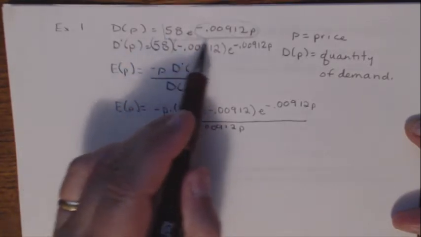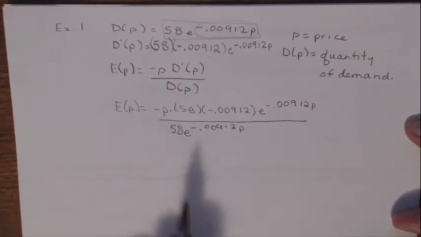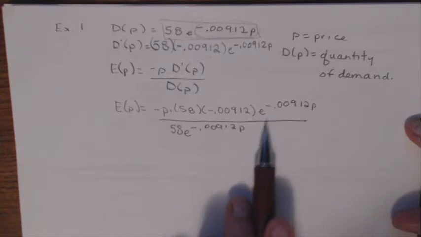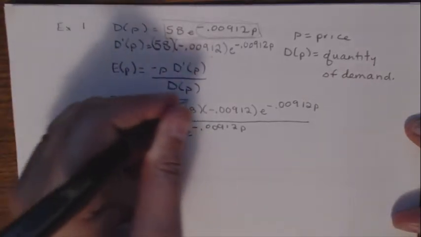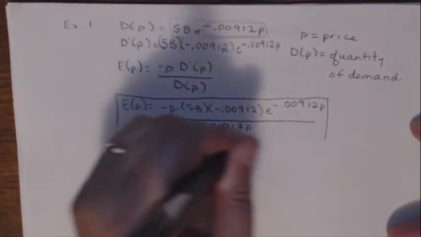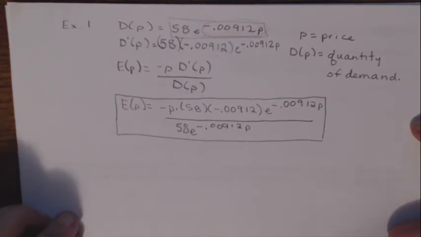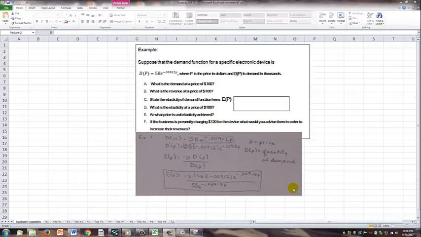So this is the original demand, and that's why I wrote it down here. Okay, now you may be wondering, can we cancel the 58 and the e? Please don't. I'm going to want you to demonstrate this unsimplified on your test paper or whatever I ask you to do. Okay, so now we'll go back to type it in Excel. I'll show you a cool way to do that.